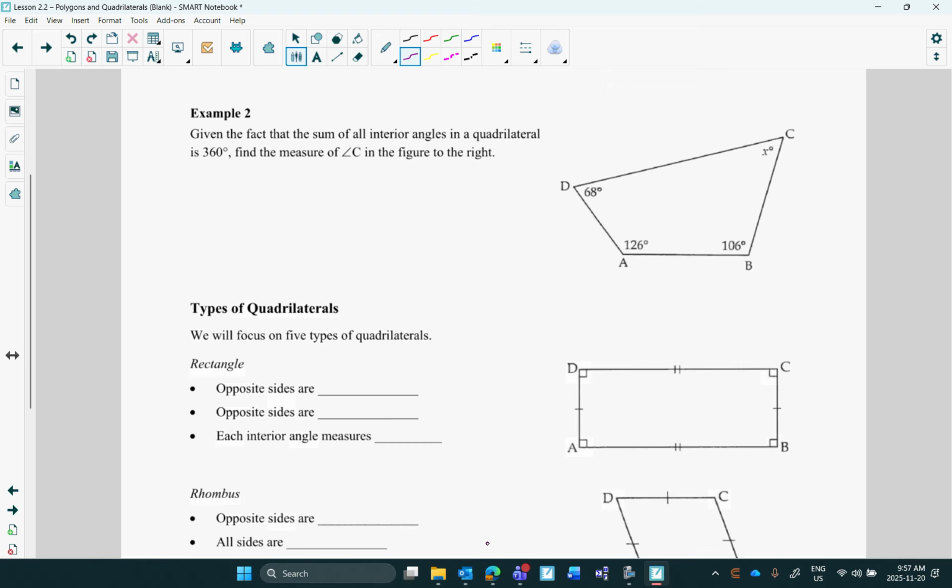Or you can add these up, subtract from 360, either one. So we just do 360, take away the 68 degree one, take away the 126 degree one, take away the 106 degree one, and we will get an answer of 60 degrees.